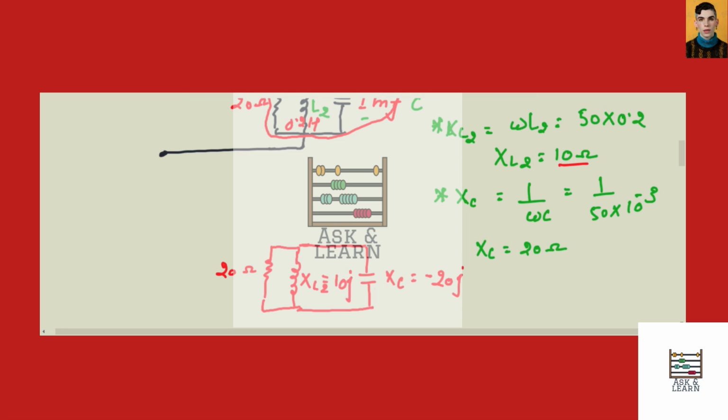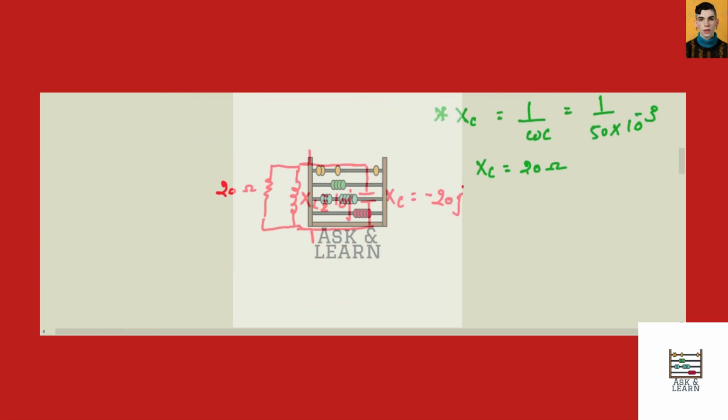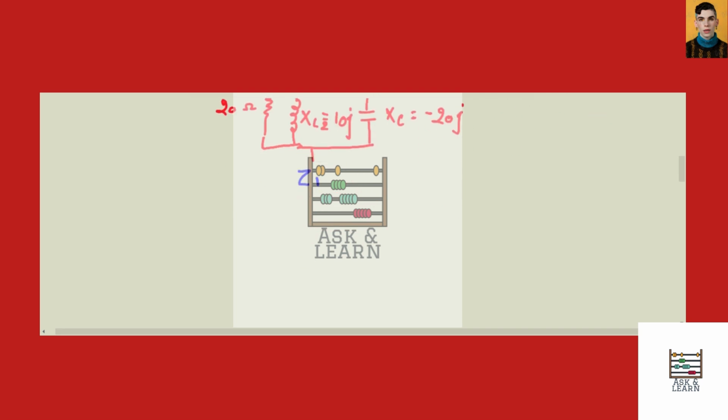So as you can see, these three are in parallel. So what I can do is, let's suppose the impedance across these three is Z1. So if I rewrite the formula, the value of 1 upon Z1 is equal to 1 upon the first element, that is the resistor, 20. The second one is our inductance, so 1 upon 10j, because we have to write in the whole vector form.